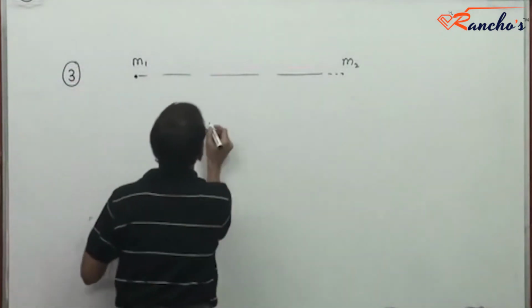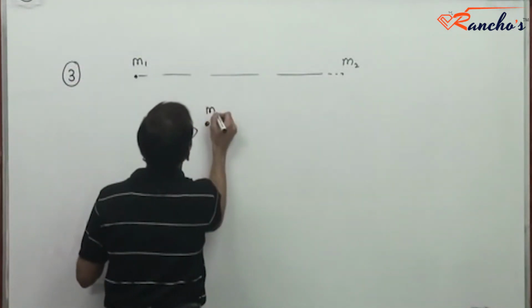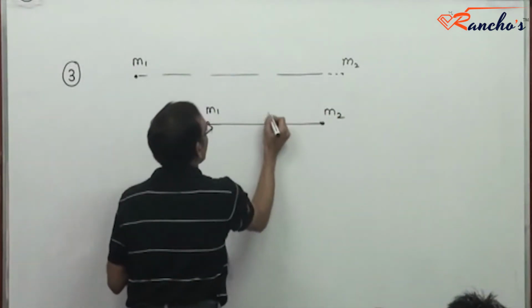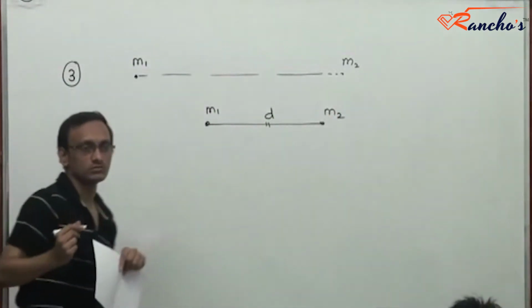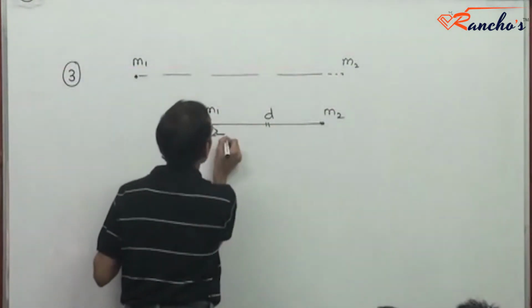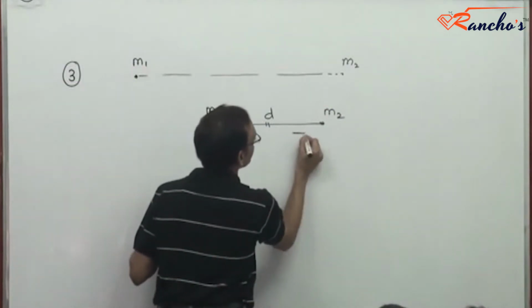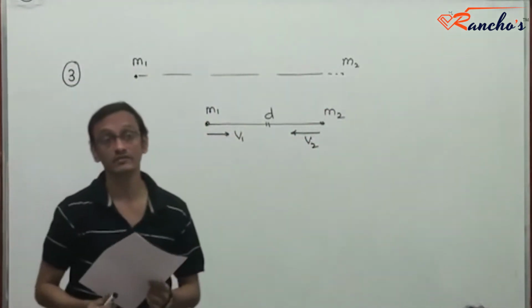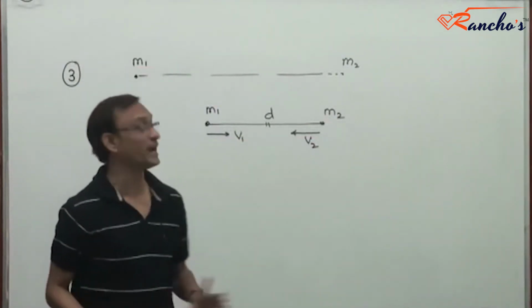Eventually, under mutual forces of attraction, they approach each other and arrive at a distance d from each other. At such an instant, let's say their velocities are v1 and v2. So their relative velocity would be v1 plus v2, and I want to find the relative velocity at this distance.